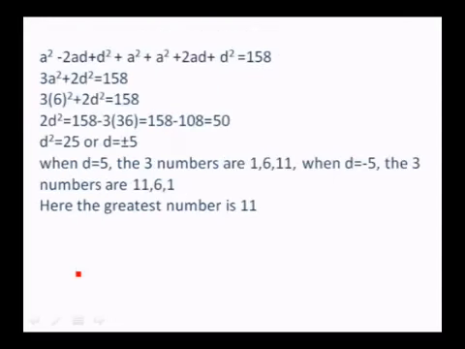Simplify this one, you find that D square is 25, or D is equal to plus or minus 5. When D is 5, the 3 numbers are 1, 6 and 11. When D is minus 5, the 3 numbers are 11, 6, 1, because we have taken the 3 numbers as A minus D, A, A plus D. So, either it is 1, 6, 11 or 11, 6, 1. In any case, the greatest number is 11. The correct option is 11.